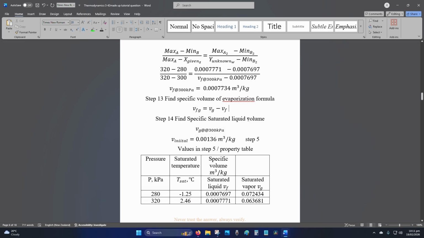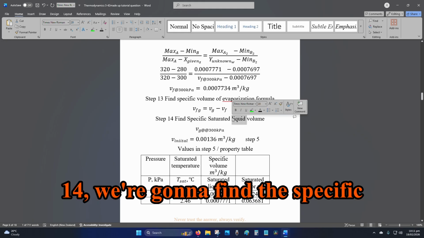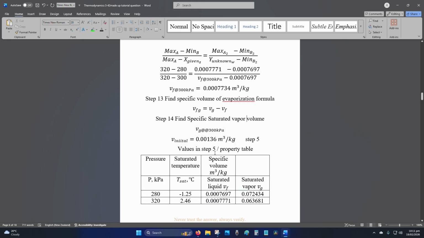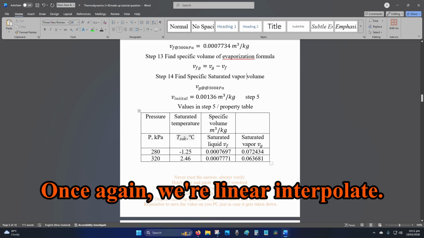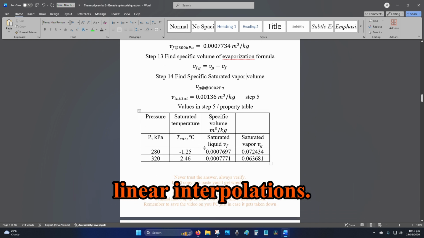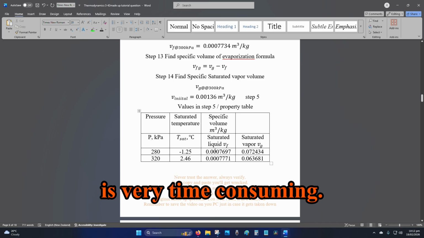Step 14, we're going to find the specific saturated vapor volume, so vg. Once again, we linear interpolate, and as you can see, we've done 3 linear interpolations. So in an exam, this is very time consuming.